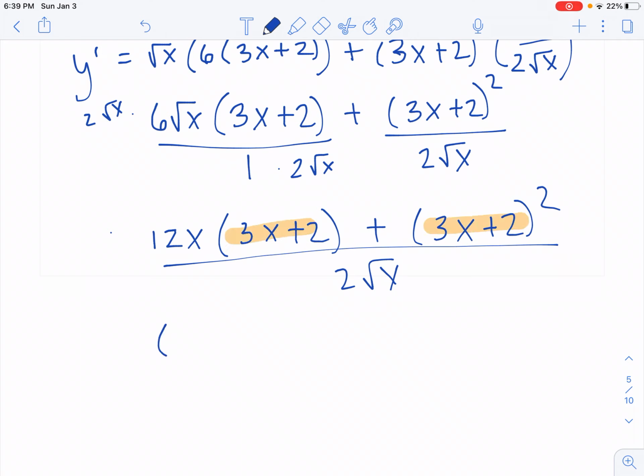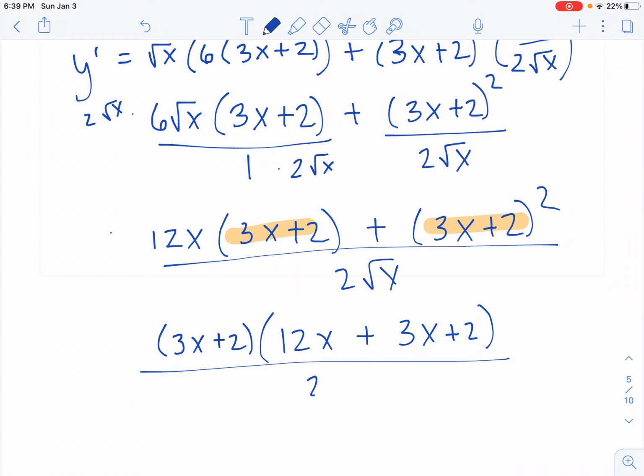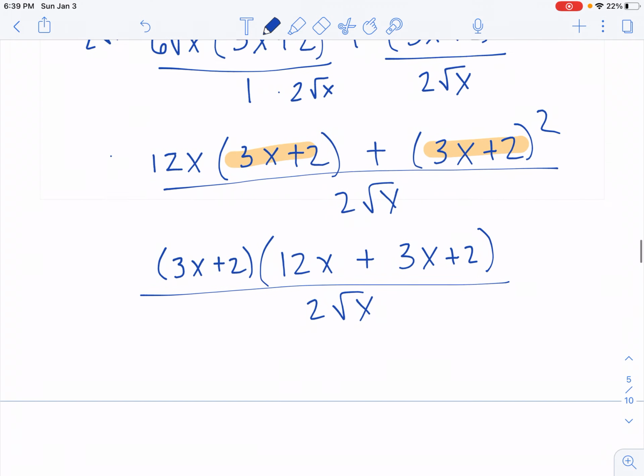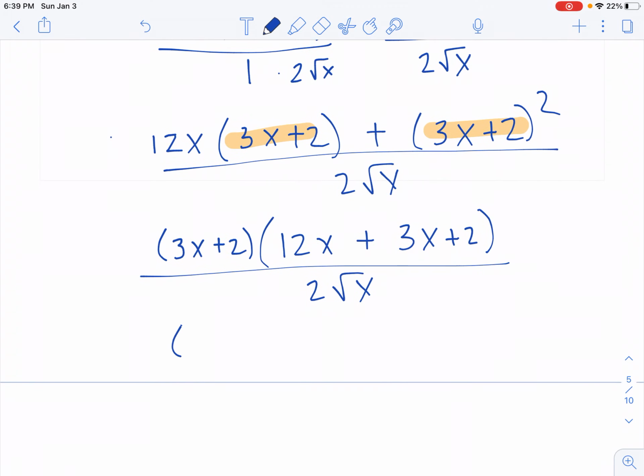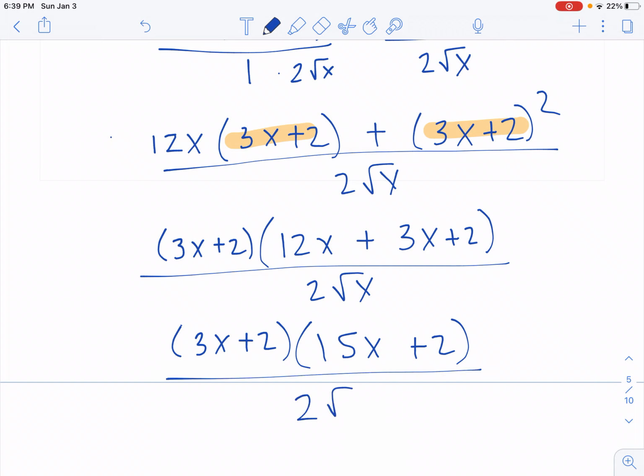So maybe take out that factor. You're left with 12x plus a 3x plus 2. And then from here you can simplify, combine like terms. 3x plus 2 times 15x plus 2 over 2 square root x. And that is our derivative.